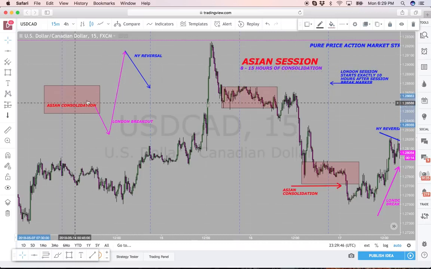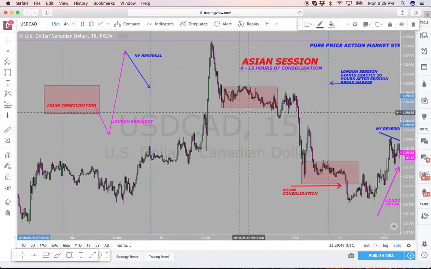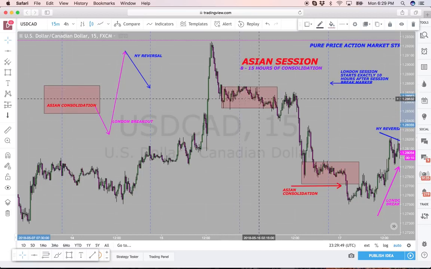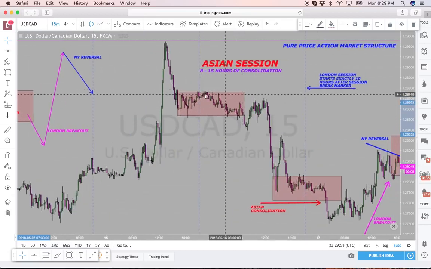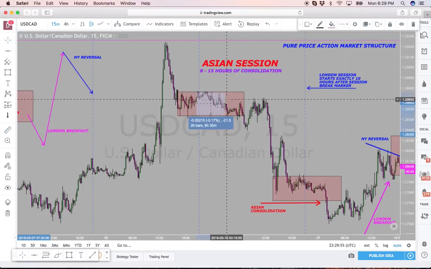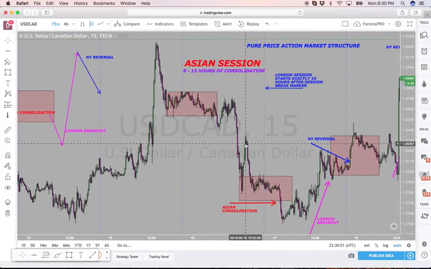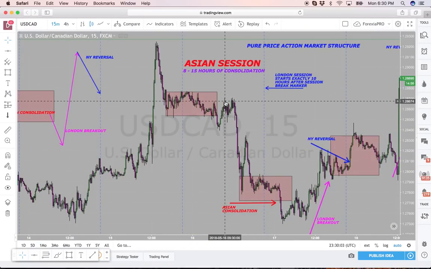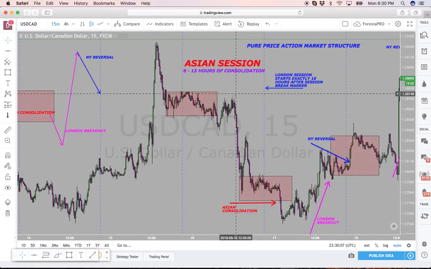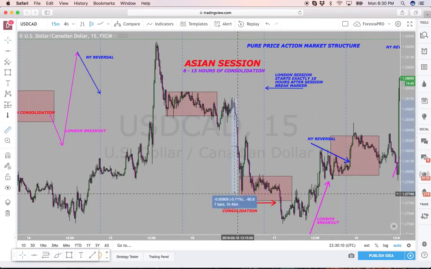You don't want to trade this because it'll maybe be stuck in a range of 20 to 30, maybe 50 pips for 8 to 15 hours. We're looking for moves that are at least 100 pips. For example, this London session move right here was about 91 pips.